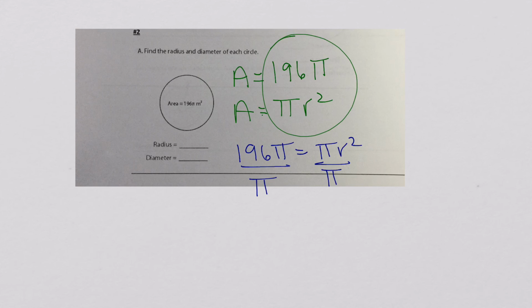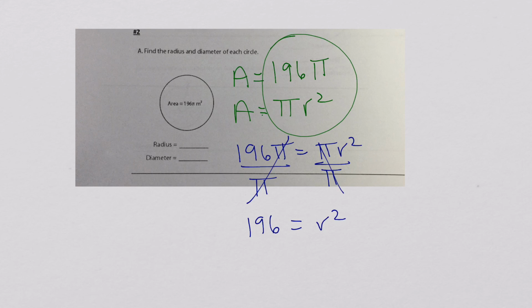Now, look at both sides carefully. Here we have a pi on top, and here we have a pi on the bottom. They're going to cancel. Same thing on this side. We have a pi here and a pi here. They are going to cancel. Both of those cancel, and we're left with 196 equals r squared.